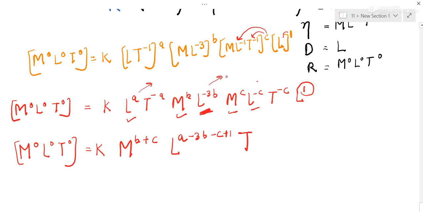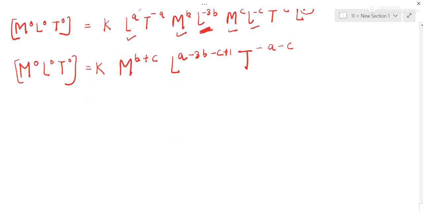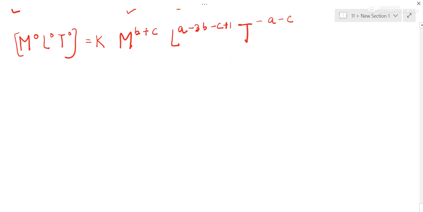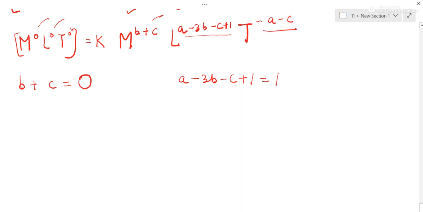L to the power A minus 3B minus C plus 1. And time is minus A and minus C. Now let us equate powers. So B plus C is 0. Second, L to the power: A minus 3B minus C plus 1 is equal to 0. And minus A minus C is equal to 0.